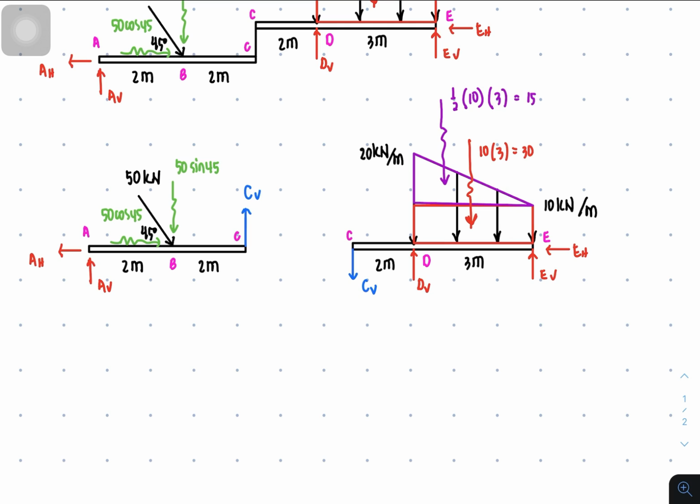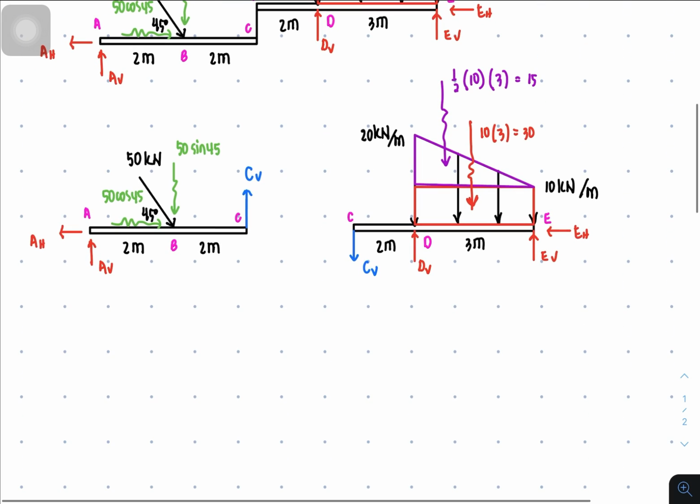Okay, so in this instance, we now proceed in solving the support. So this is our free body diagram number 1, and this is our second free body diagram, or free body diagram number 2. Okay, so we are now going to consider the beam separately. So in my case, I will be counting the number of reactions that are unknown.